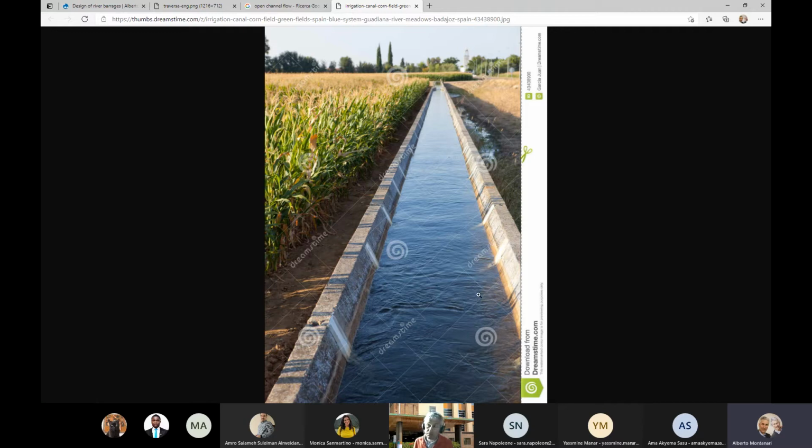Usually they are reduced with respect to open channel flow, but it's very unlikely that a water distribution system reaches an efficiency in terms of water losses of 80%, which means that still 20% of water is lost. Again, this is quite normal, and it is something to be carefully considered.